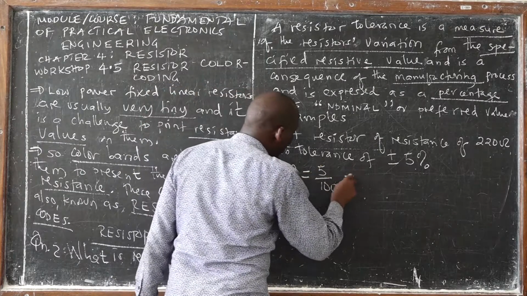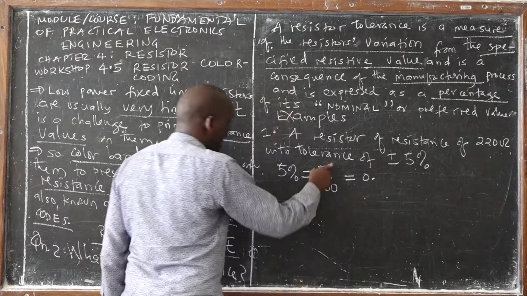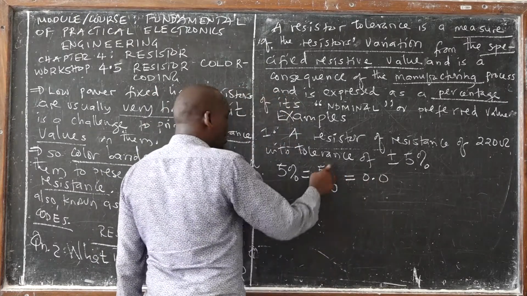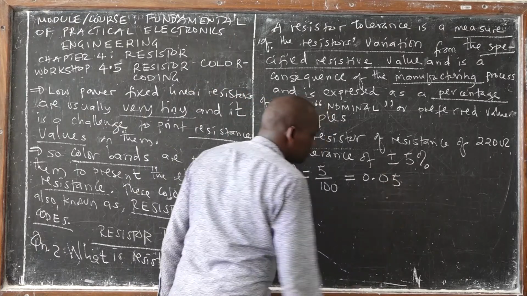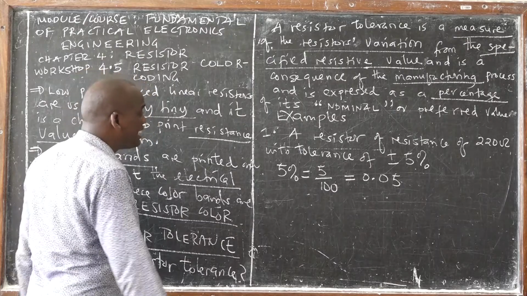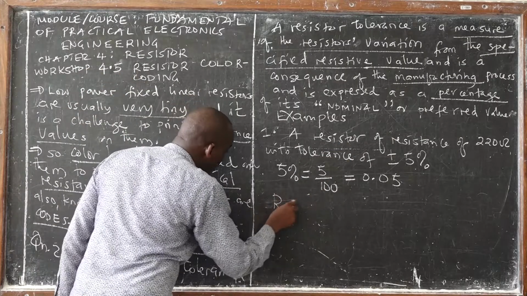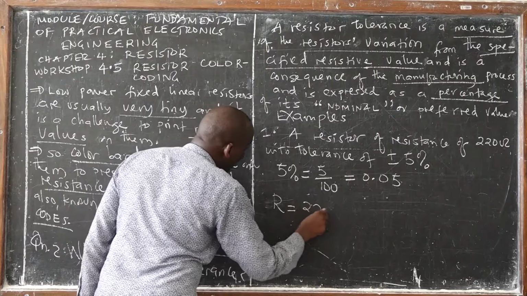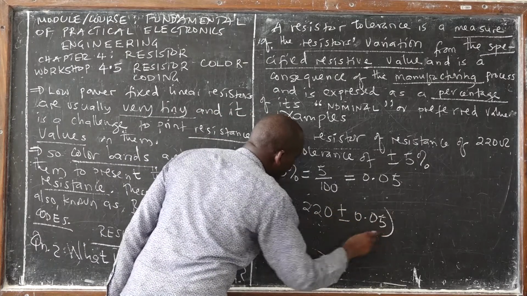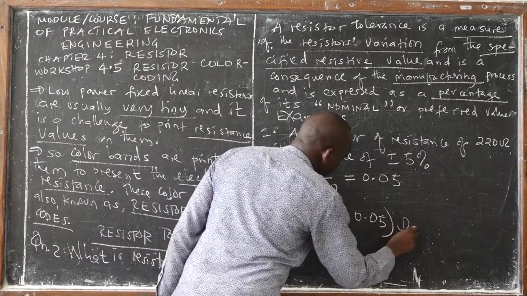Then 5 over 100 is equal to 0.05. So the resistance of this resistor will be 220 plus or minus 0.05 what? Ohm.